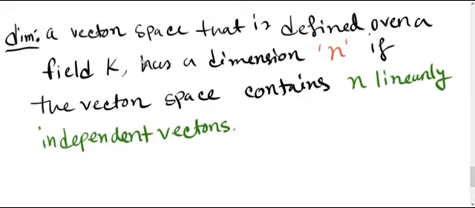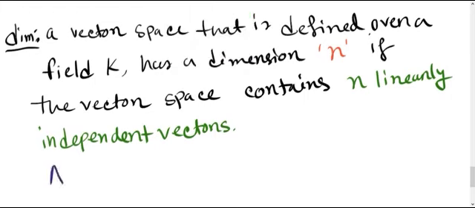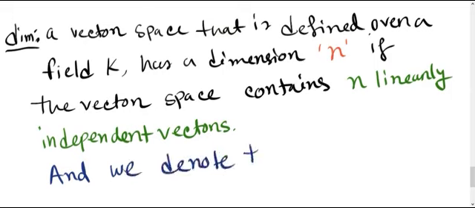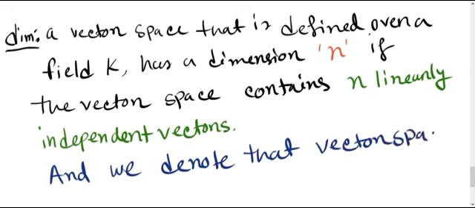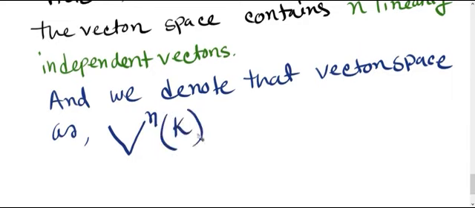We denote that vector space as V of n, and we write the field K. Let's try to write a calligraphic V. It doesn't look like one, so let's just go with V of n.